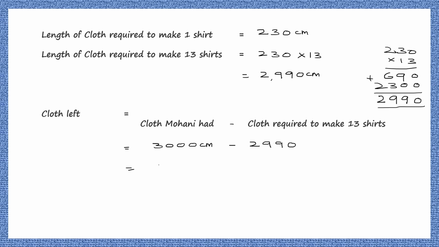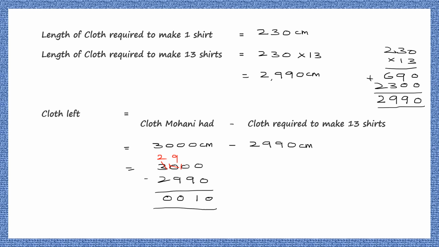So, let's subtract these two. So, 3000 centimeters minus 2990 centimeters. So let's subtract these two and see what we have. So here, let's borrow now. We have to borrow from here. So this is 10, 9, 10. 10 minus 9 is 1, 0 and 0.